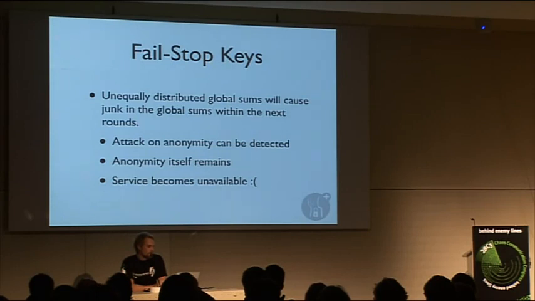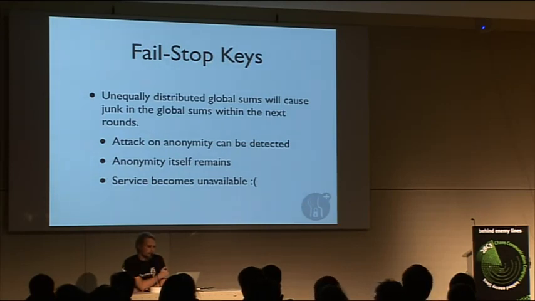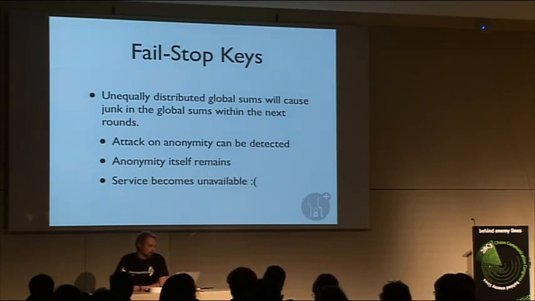Fail-stop keys would cause unequally distributed global sums, resulting in junk in the global sums. So the attack on the anonymity can be detected, because if you do not observe your message on the network, then you know that somebody attacked or maybe tried to attack the anonymity, and you can react somehow.